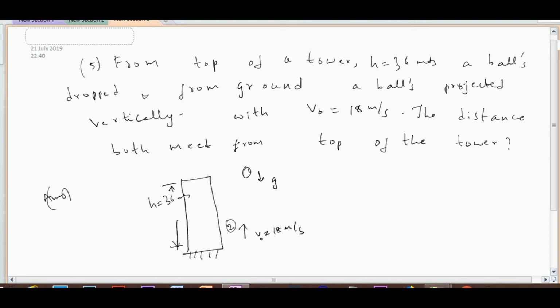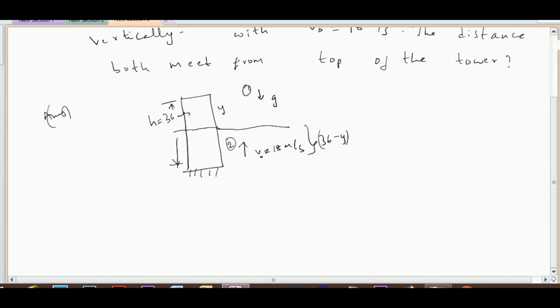It will have acceleration due to gravity, that is g is equal to 9.81 meter per second square. So let us consider the balls cross at a distance y from the top of the tower, and then there should be 36 minus y as the distance.